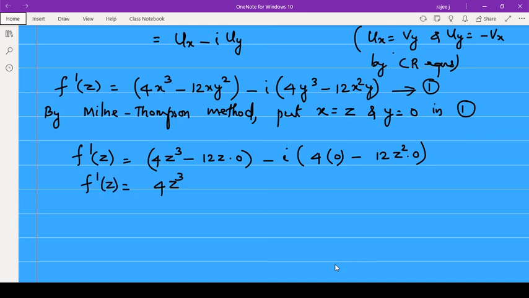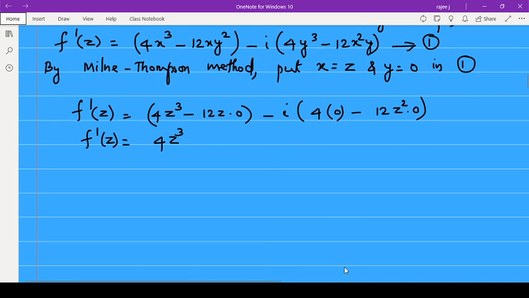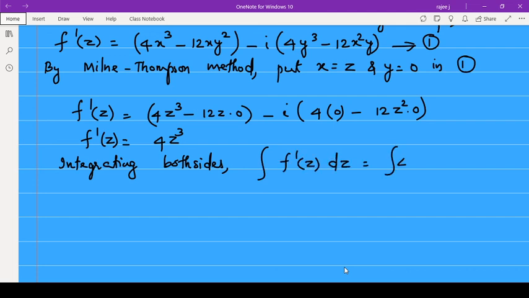Therefore now we need f of z. So what to do? Just integrate both sides. Integrating both sides, what you will get: the integral of f dash z dz is equal to the integral of 4z cube dz.